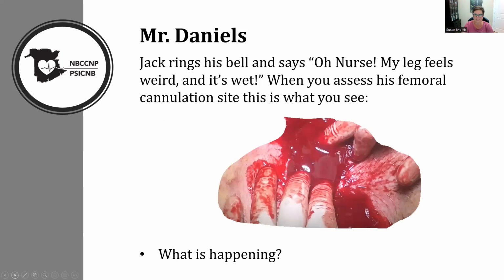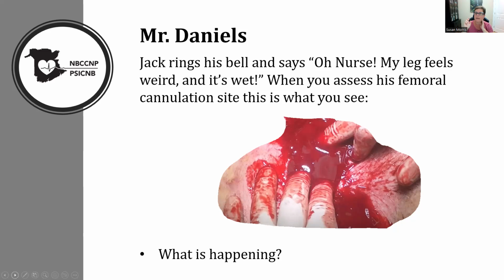So back to Mr. Daniels, he rings his bell and says, "Oh no, nurse, my leg feels all weird and wet." And when you assess his femoral cannulation site, this is what you see. So obviously he's got an arterial bleed. What is happening here? You're going to apply direct pressure.